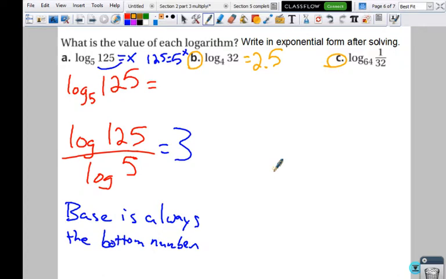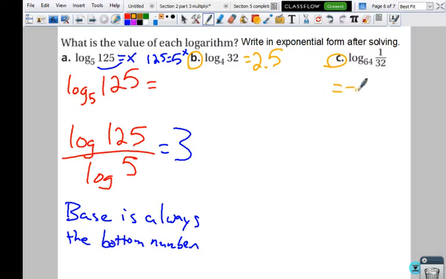Log of 24 divided by log of 9? Negative 0.83 repeating. Yeah, negative 0.83 repeating. See, you can't trust Devin.